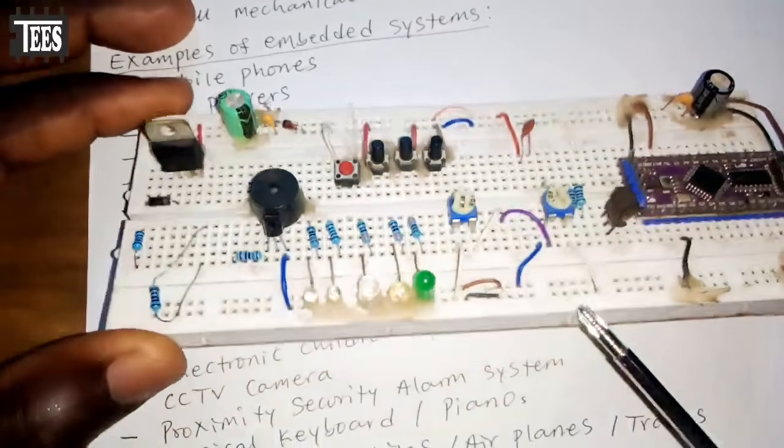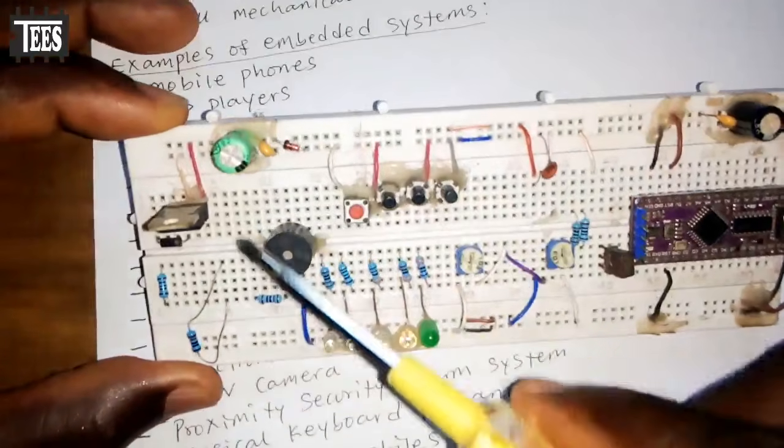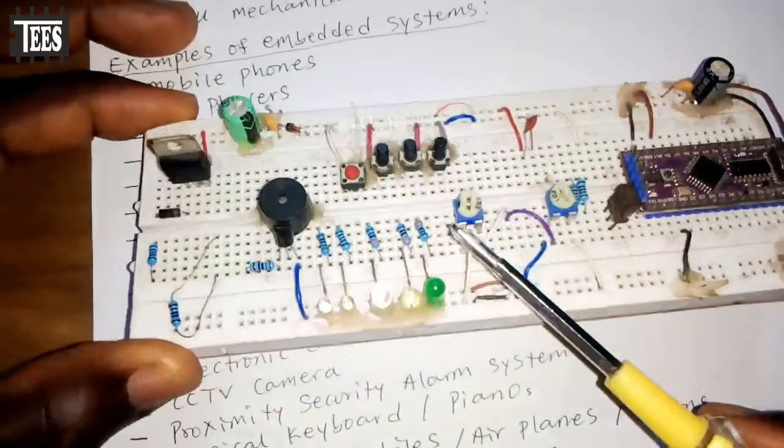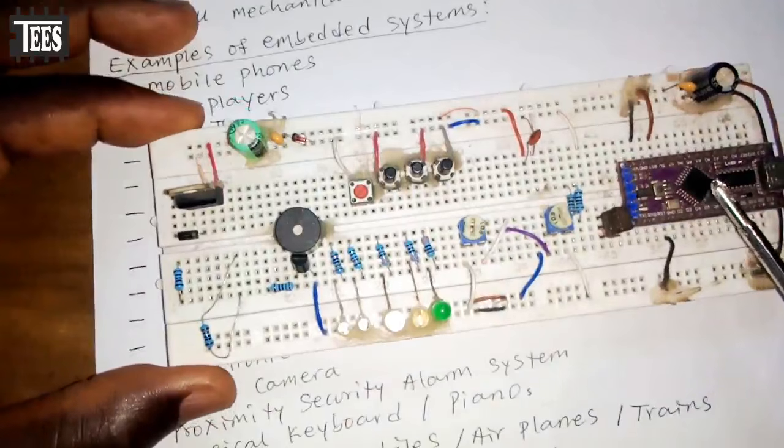This is a breadboard. This is called a breadboard. It means you can construct your circuit temporarily here. You understand? So you get a breadboard and your Arduino Uno or Nano.